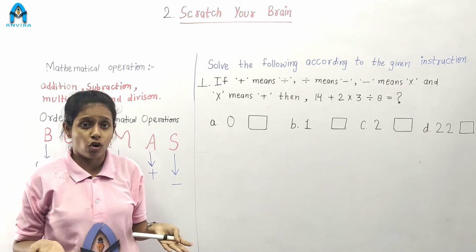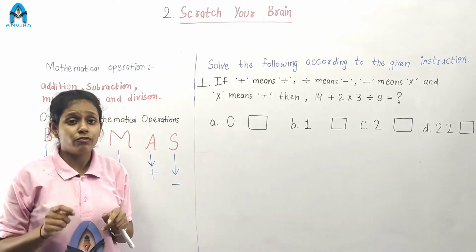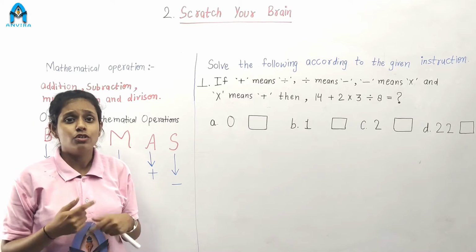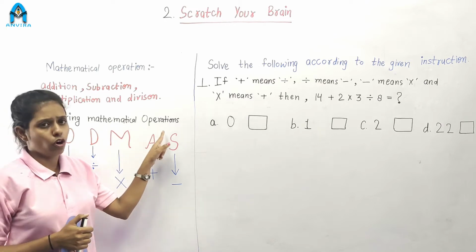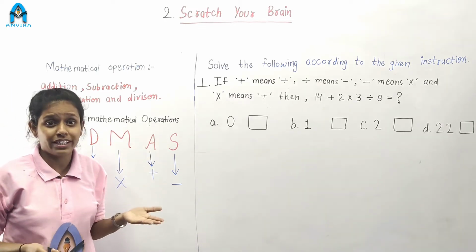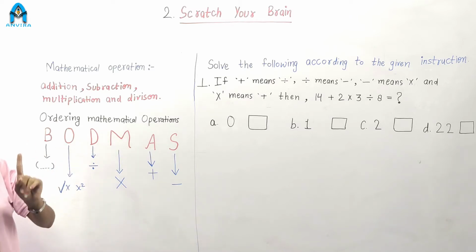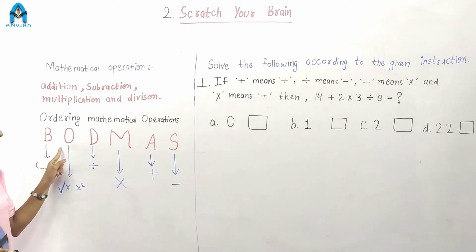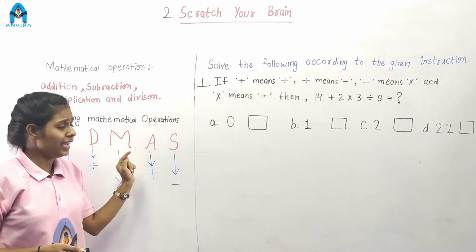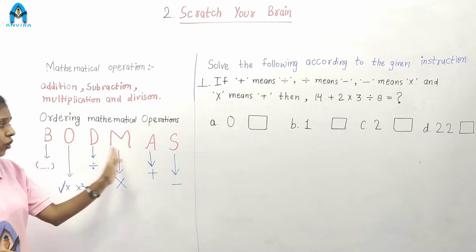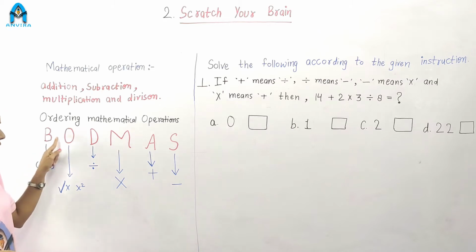Then how can we solve the mathematical operations together? There is a perfect order of these operations to solve questions. What is the order of mathematical operations? To learn this order, we have a rule: B, O, D, M, A, S. It's called BODMAS. B means brackets.